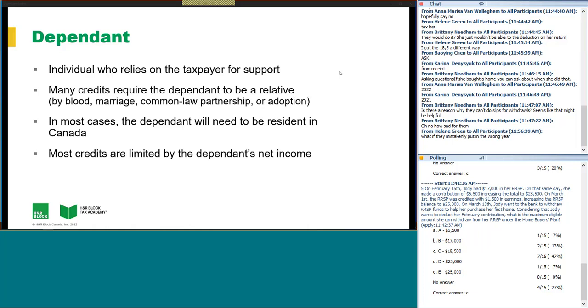You're not a dependent if you're not providing them support, but the relationship, we have a whole range of relationships that will be allowed, but it may be important. Residency in Canada might be important, and the net income of the dependent might be important. Often is important, but not always.